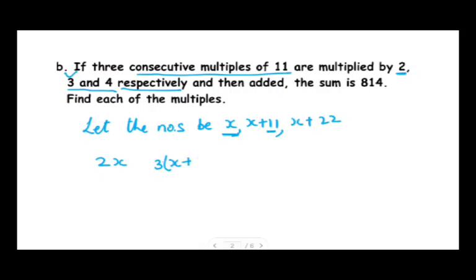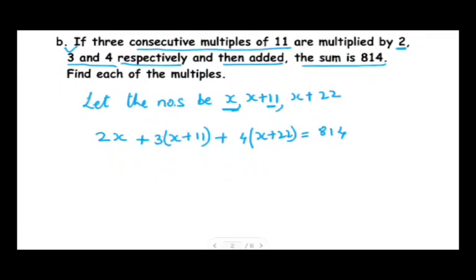I'm going to multiply by the whole number. And then I have to multiply the last number by 4. And then add. That means I have to add them up. Correct? And the sum, that means that's the answer after adding, is 814.